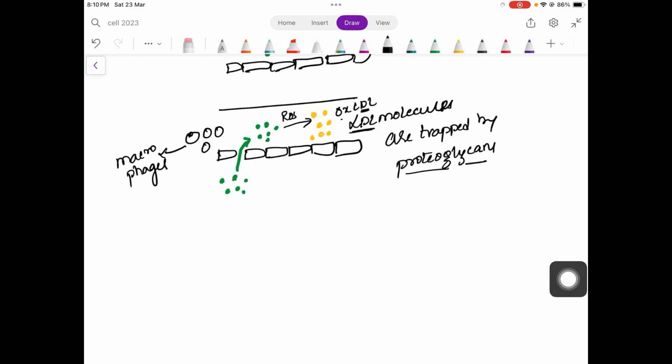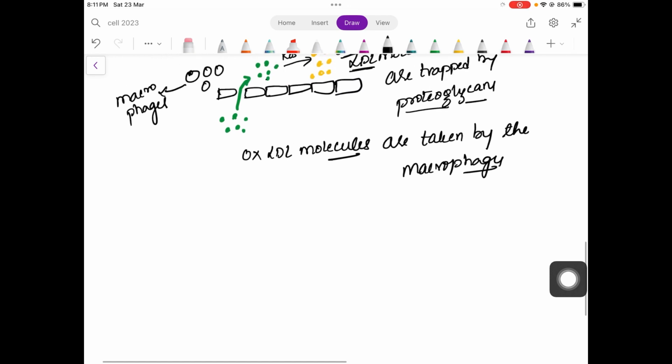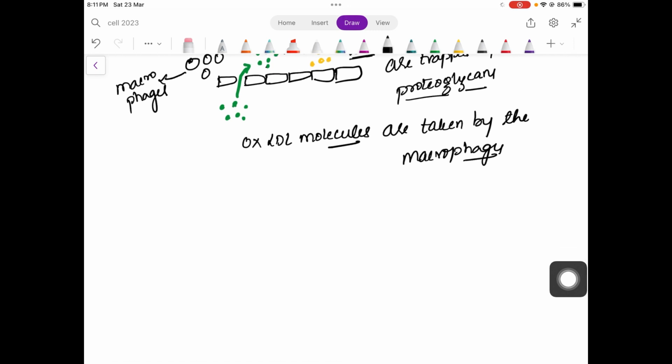These oxidized LDL molecules are taken up by the macrophages. So what will happen when macrophages are taking up the oxidized LDL molecules?